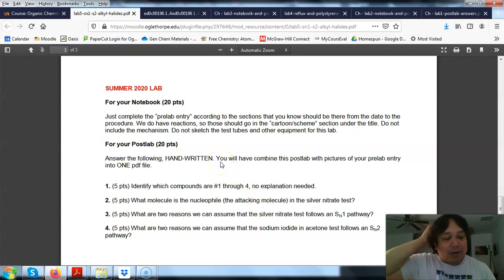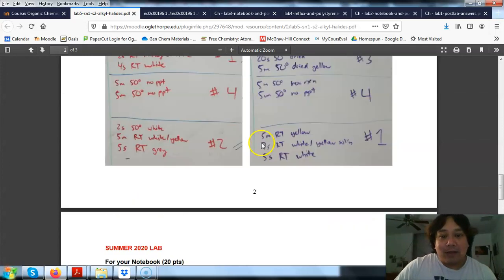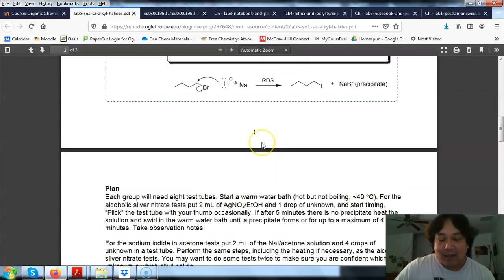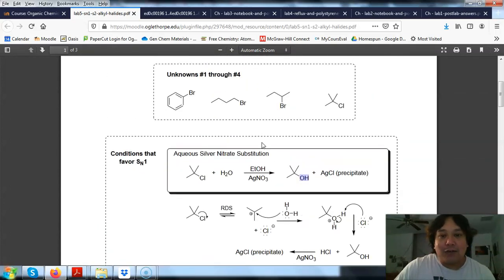For the notebook, I'm noticing something about everyone's, or almost everyone's, purpose. What is the purpose of the lab? The purpose of this lab, okay, is not to understand SN1 and SN2 reactions better. The purpose of this lab is not to learn how to do a test tube test.